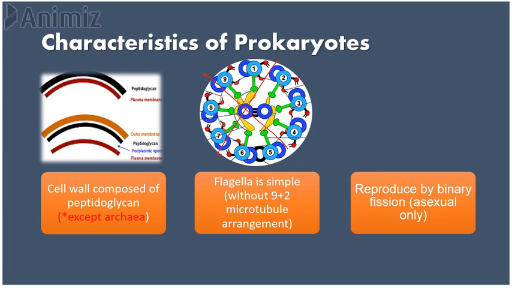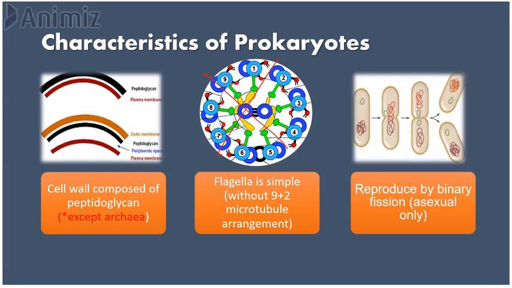Other than that, prokaryotes also reproduce by binary fission, which is a type of asexual reproduction. So what is the difference between binary fission and mitosis? In binary fission, it does not involve the division of the nucleus, because as you know, prokaryotes do not have a nucleus.